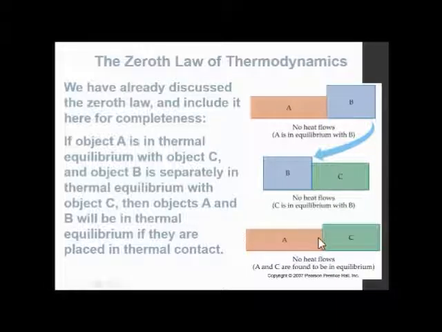Similarly, B and C are in thermal equilibrium, so we can directly say that A and C will also be in thermal equilibrium. So this is the basic fundamental of the zeroth law of thermodynamics.